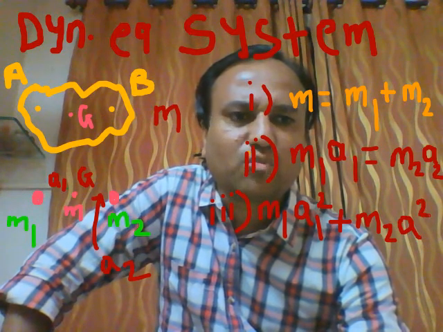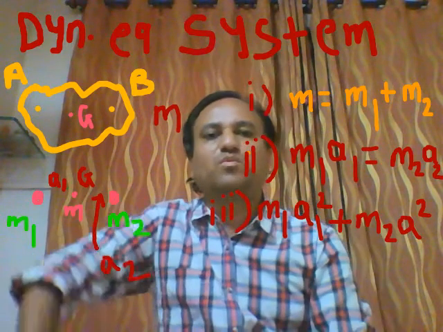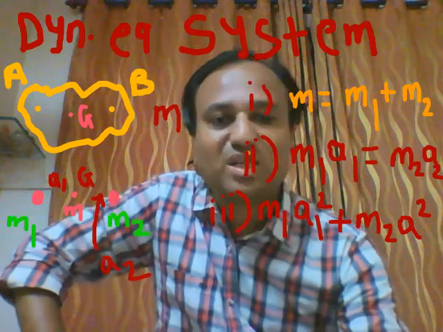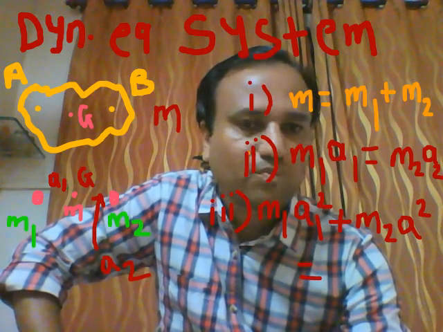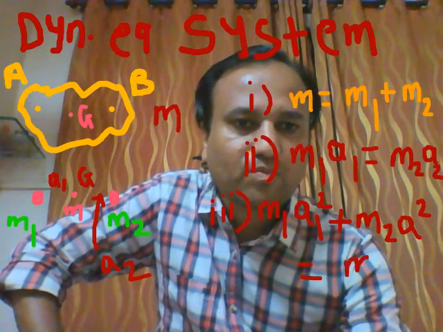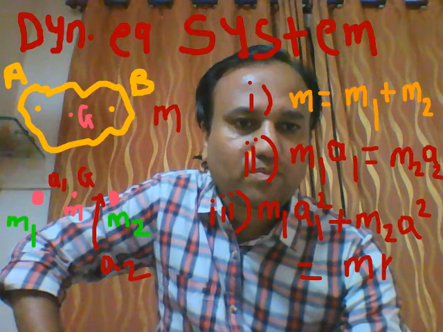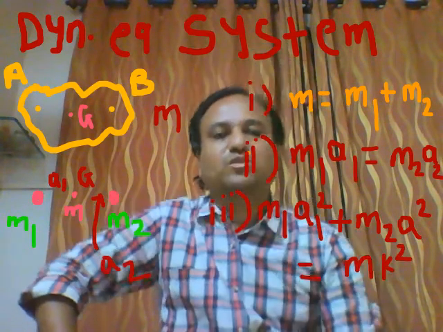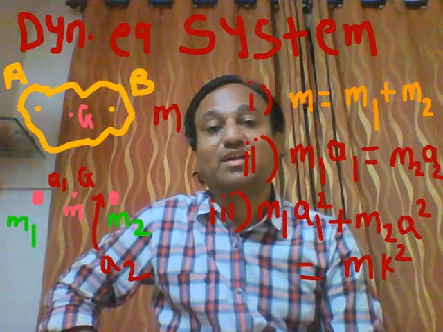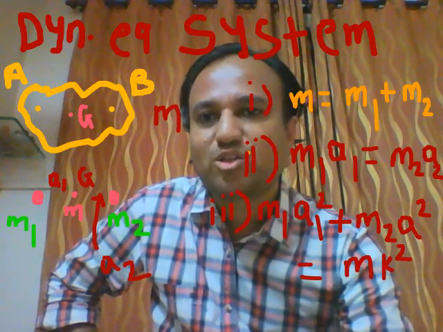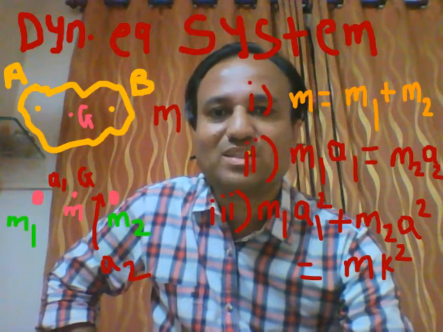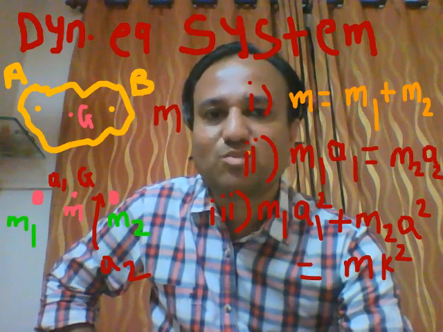The summation of the moments of inertia of the 2 point masses must be equal to m k square. So k is the radius of gyration and M is the mass of this rigid body.